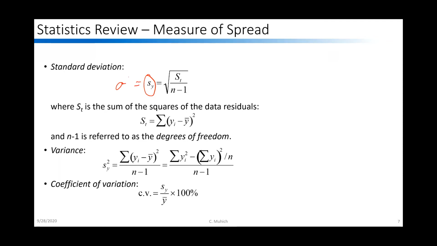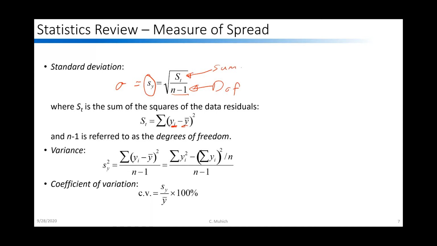And so what the standard deviation is, it's the square root of the deviation of each individual y from the average divided by the number of degrees of freedom. So this is the degrees of freedom, and that St is the sum of the squares of the data residuals.